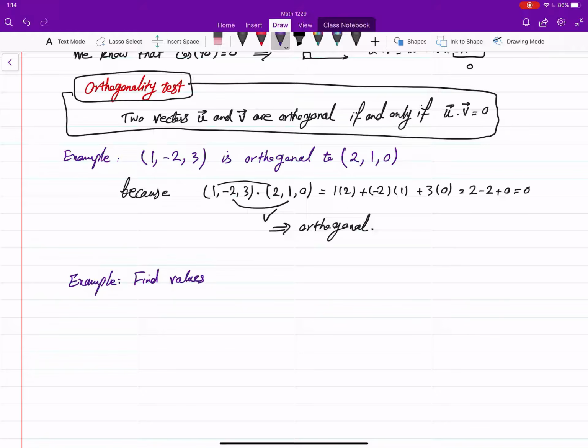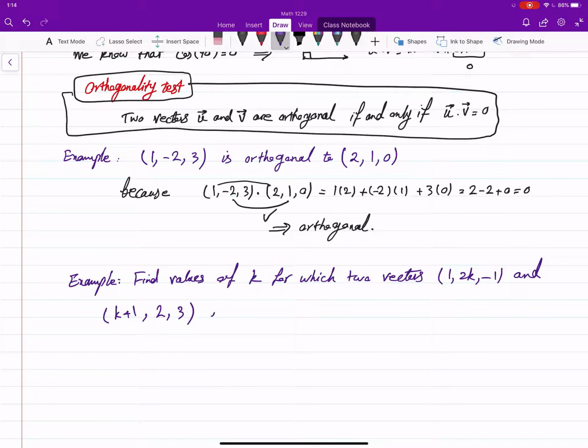Let's just do one more example on this, and then we go find values of k for which the two vectors 1, 2k, negative 1 and k plus 1, 2, 3 are orthogonal vectors.